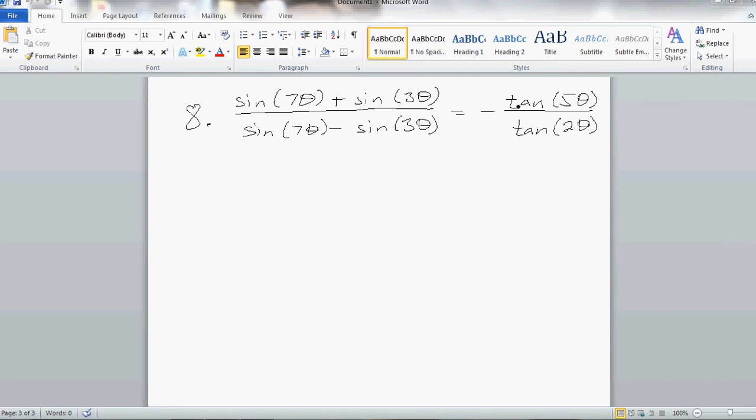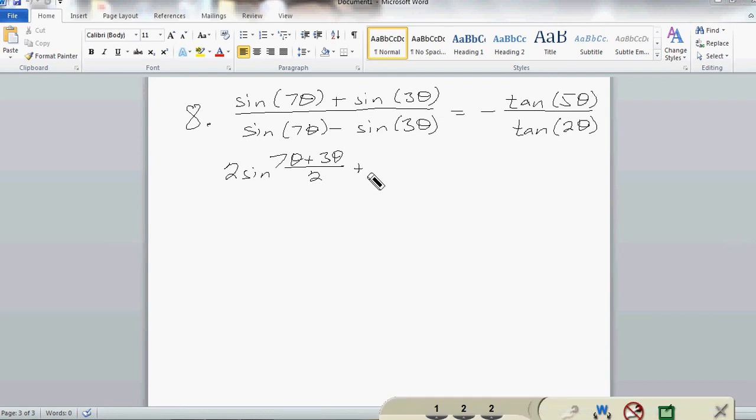Okay, just use the identities a couple of different times, a couple different identities, and then we can go from there. So the sine plus the sine will be 2 sine, and add the angles. 7 theta plus 3 theta over 2. Whoops, not plus.